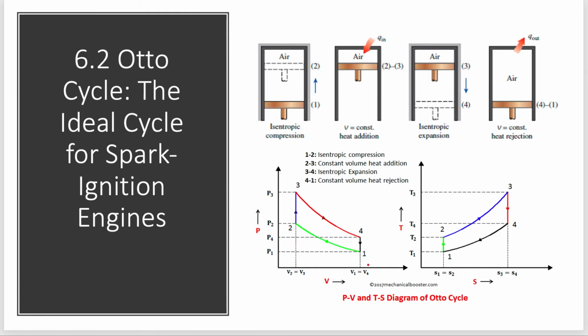And please remember, V1 is equal to V2, V2 is equal to V3. For the TS diagram, the maximum occurs at state 3, and we can see here that S1 is equal to S2 for isentropic compression, and 3 to 4 is isentropic expansion.